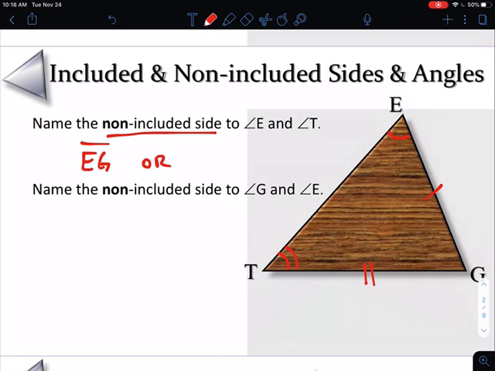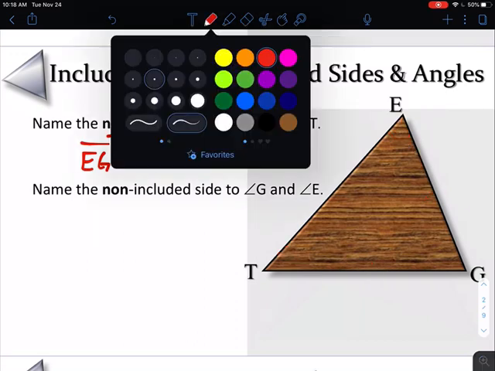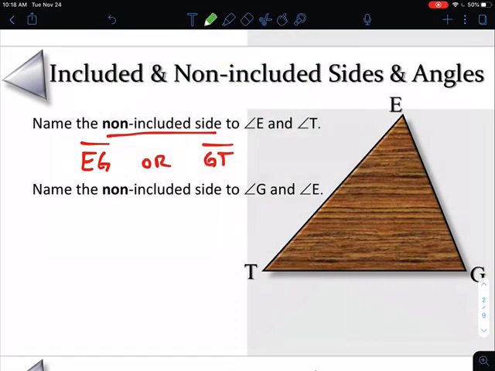When we're talking included, it's got to touch both pieces. So EG and GT both do not touch both angles that are marked, and so those would be non-included sides. If we look at the next example, it talks about the non-included side to angle G and angle E. Angle G is down here in the bottom right, angle E is in the top here.